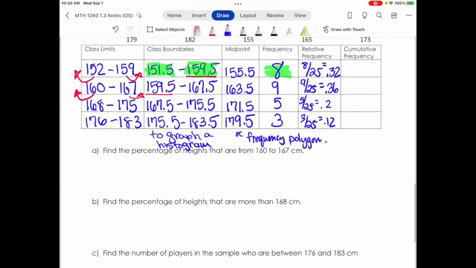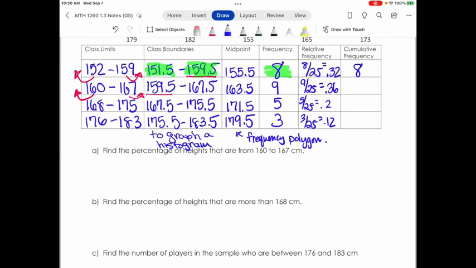So for the cumulative frequency, what we're doing is we're adding up the accumulated frequencies for each row. So when I look at the first row, the frequency for the first row is 8. So I put an 8 here. When I look at the second row, I want to add up all the frequencies up to that row.